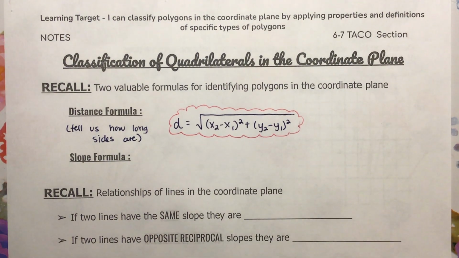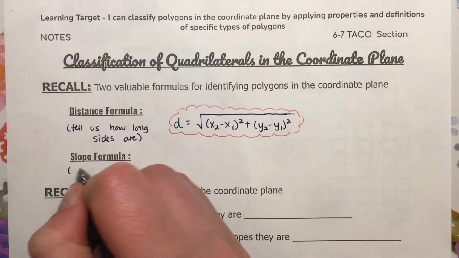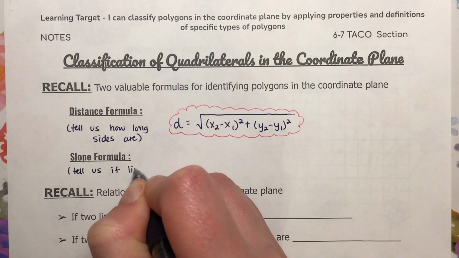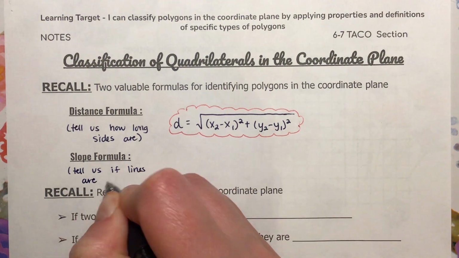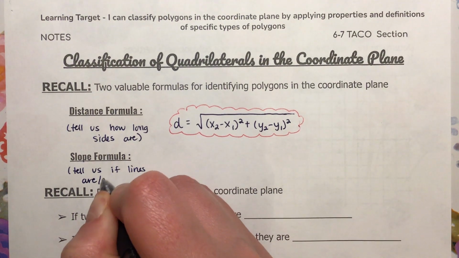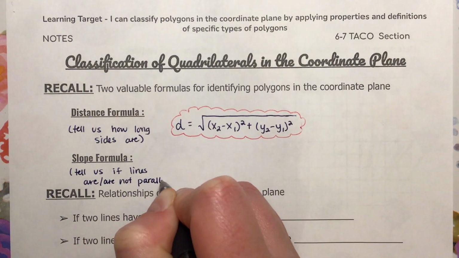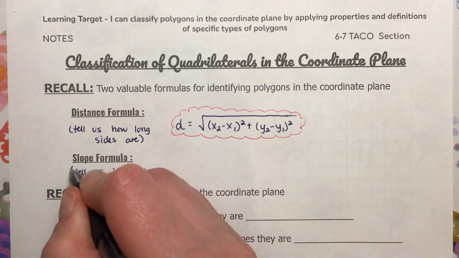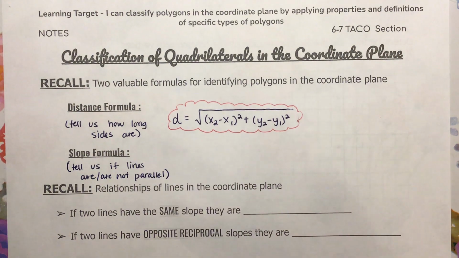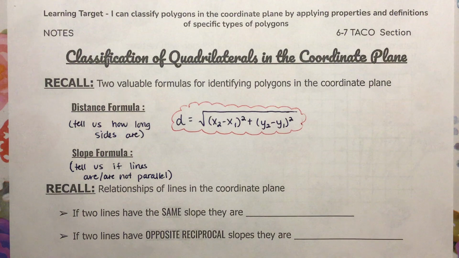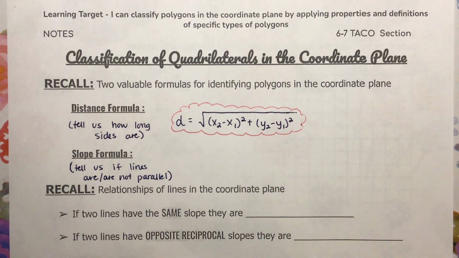We also have the slope formula, and this is going to tell us if lines are or are not parallel. So that's why these two formulas are valuable. We need to know how long sides are, and we need to know what direction they're going to determine if lines are parallel or not.